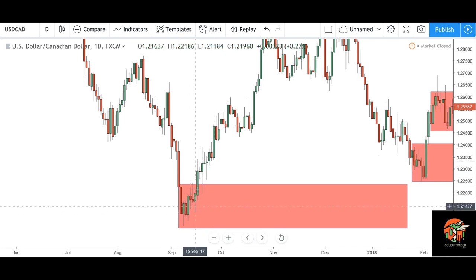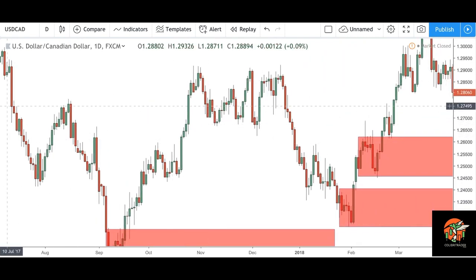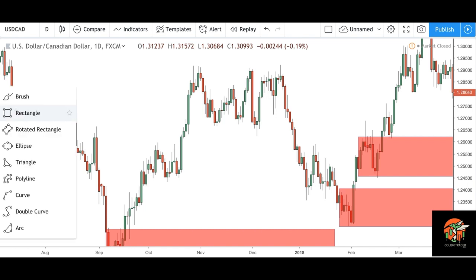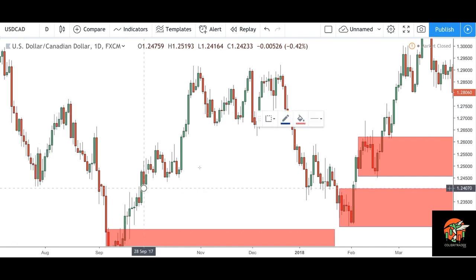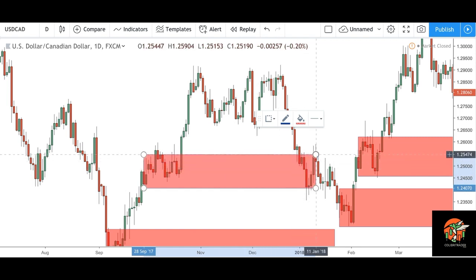You have first a bullish engulfing pattern, then a couple of bearish rejection candles, and then this uptrend. And here you have another minor demand area. You can spot it very easily on this chart.